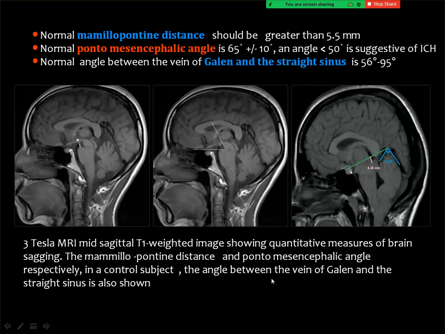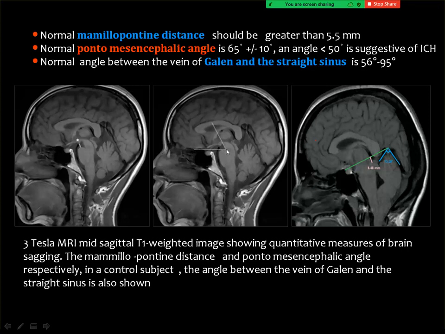And there are some measurements that can help you in the diagnosis. The pons to mammillary distance should be greater than 5.5 millimeters in normal conditions. And the pons to mesencephalic angle, this is the angle.